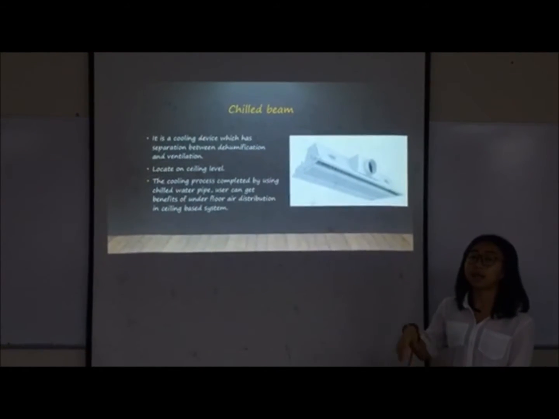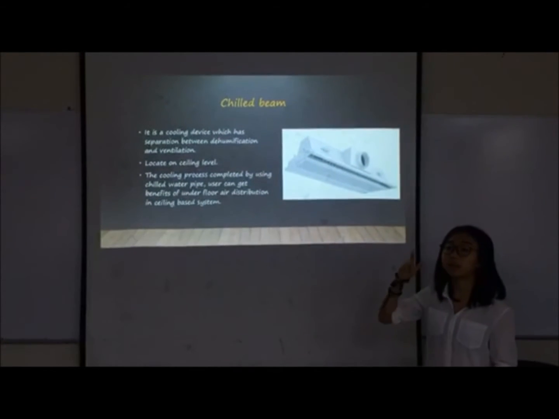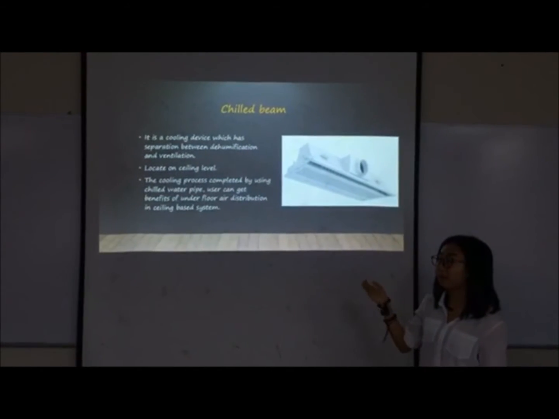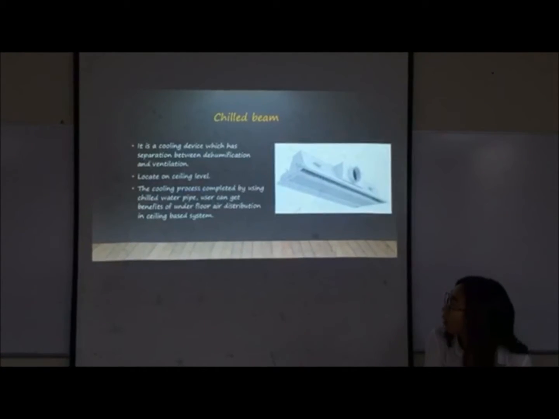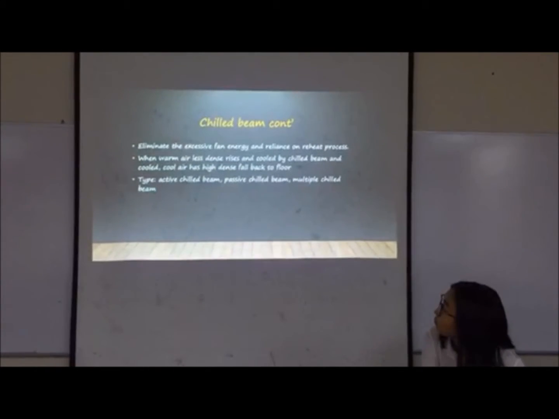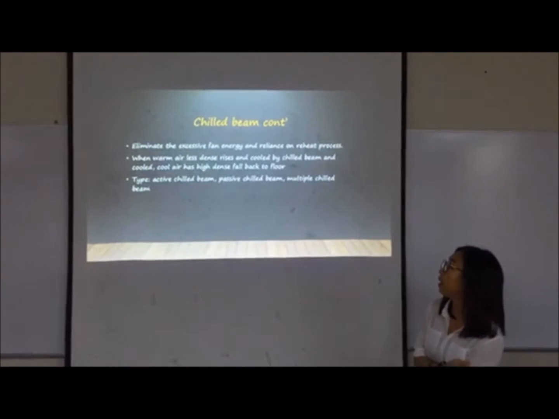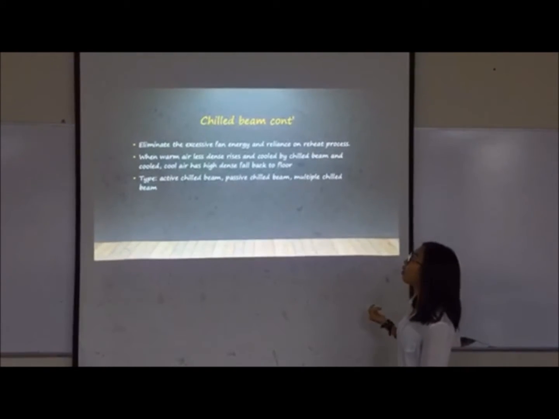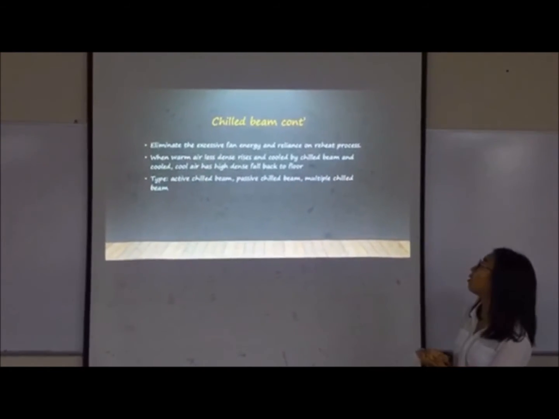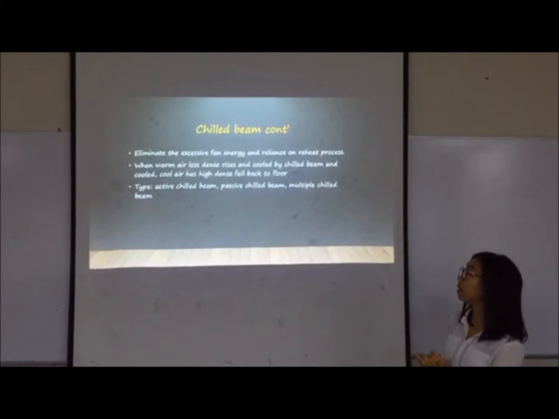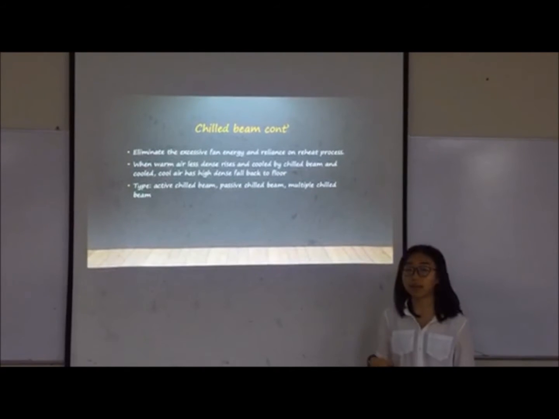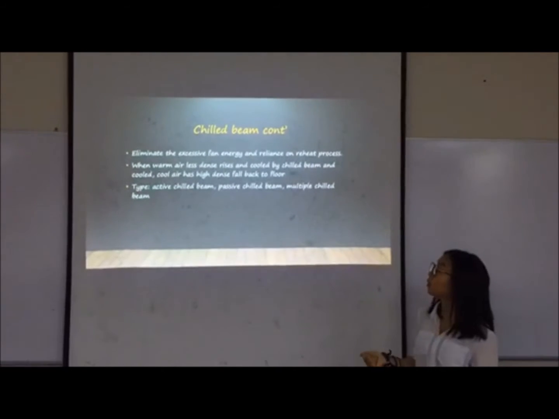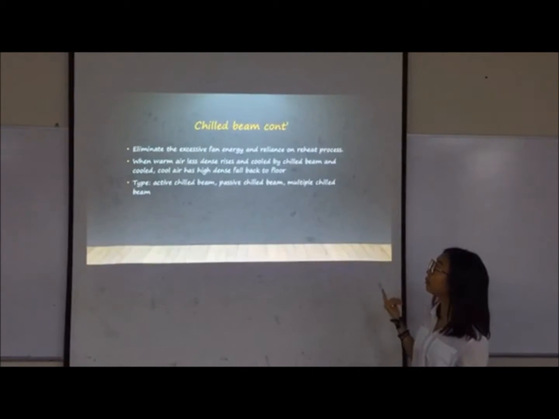It is located at the ceiling level and provides cooling air from under the floor. And then it eliminates the excessive fan energy and reliance on the reheat process. From here we can see that it decreases the energy usage. So it's a good choice for green building.